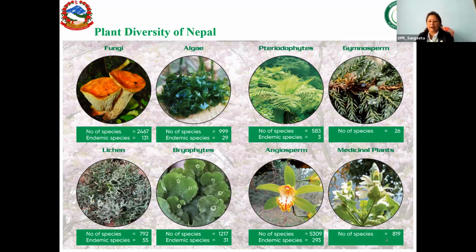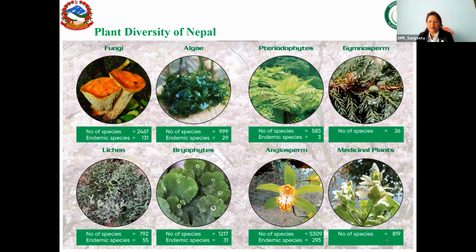Going to the higher plants, the number of gymnosperm species recorded is 26, but there is no endemic species in the gymnosperm group, while in the angiospermic group we have recorded 5,309 species, and the endemic species among them is 293.